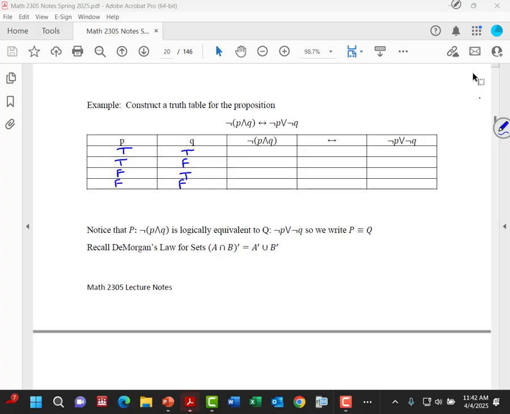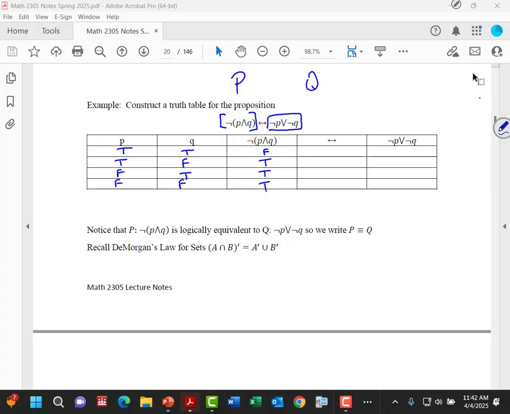Here is my first proposition, which I would simply call capital P, and here's my second one, which I would call capital Q. So let's fill in this right here. Let's do P and Q negation. If I do P and Q and then negate that, I would get false, true, true, true.